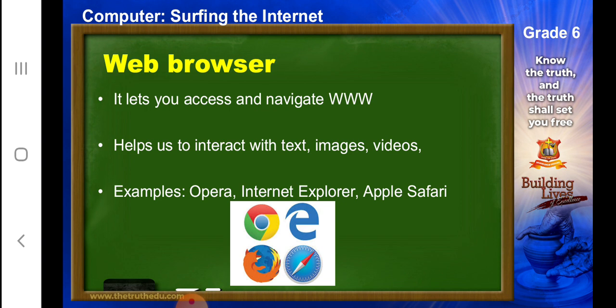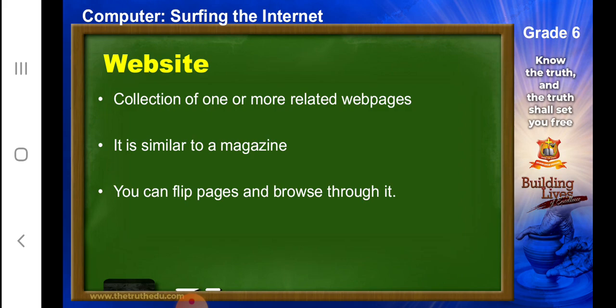You can see most of the browsers there, but the most popular are these three: Internet Explorer, Google Chrome, and Mozilla Firefox. Apple Safari is mostly used in Macintosh computers, which is the Apple computer, or the iOS devices.